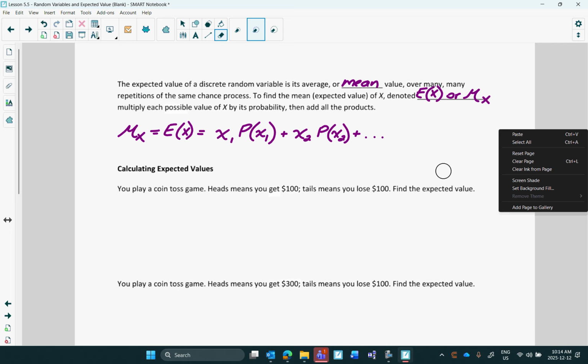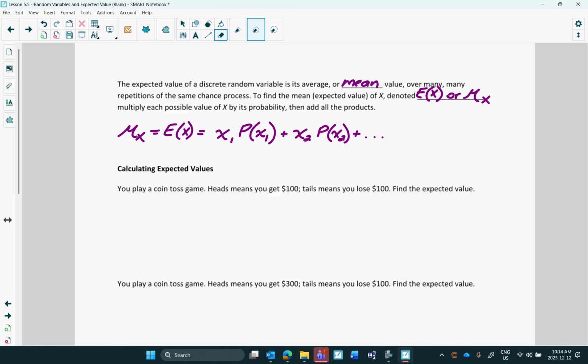Okay, but we don't want to write the formula using all of this. We want to show just that we're taking each value of the random variable, multiplying by its probability, then adding them all together. What was that symbol that we used for adding all together? Sigma, capital sigma.